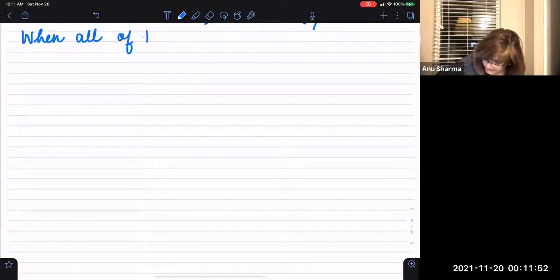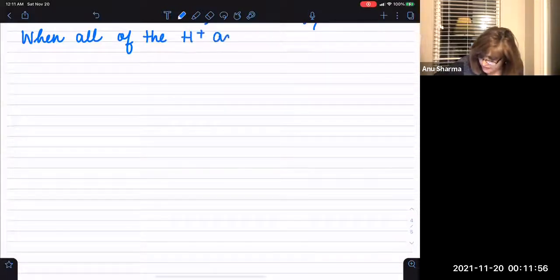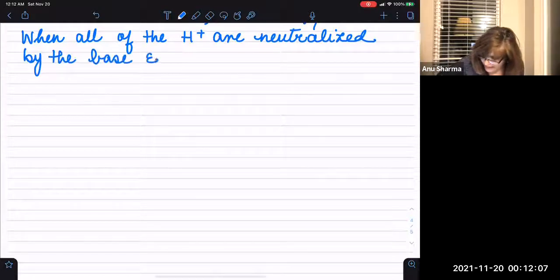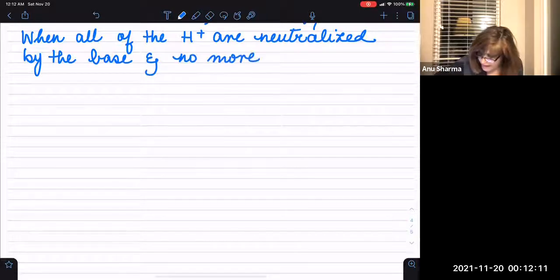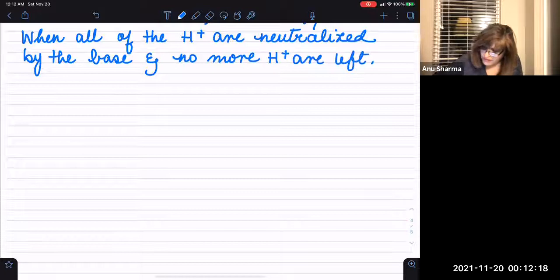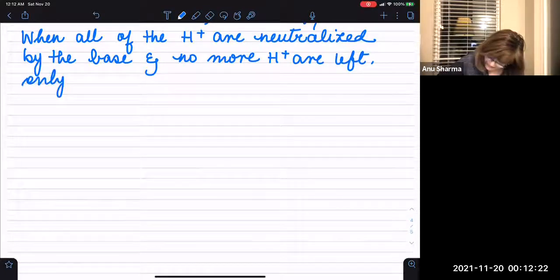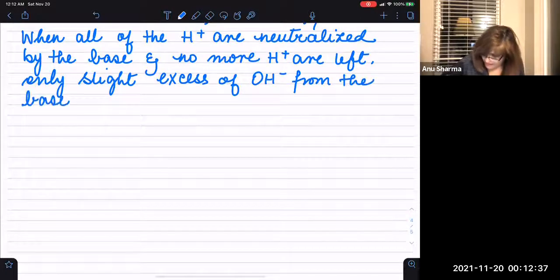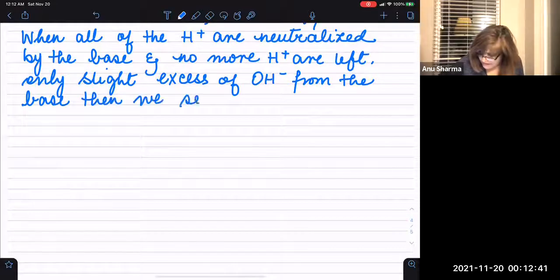When all of the hydrogen ions are neutralized by the base, and there's only a slight excess of OH ions from the base, then we see pink color.